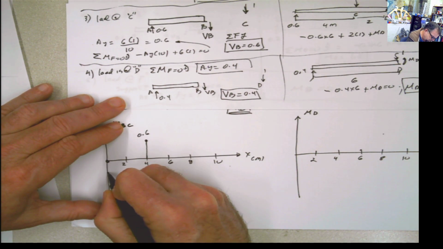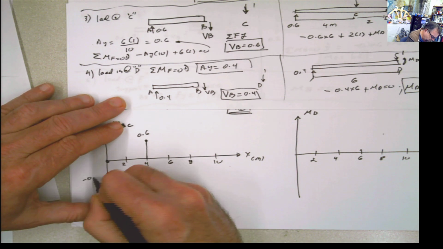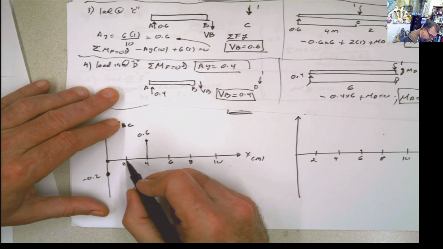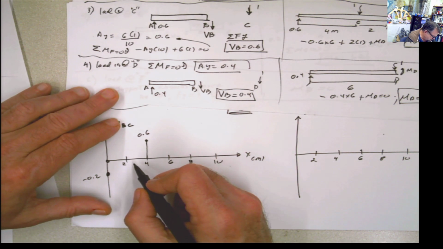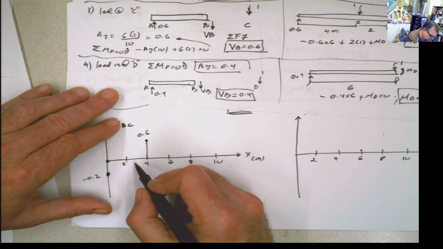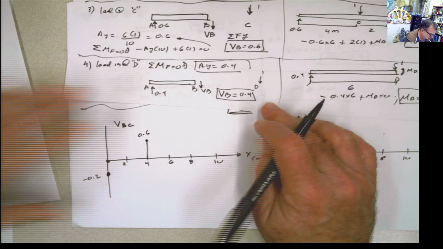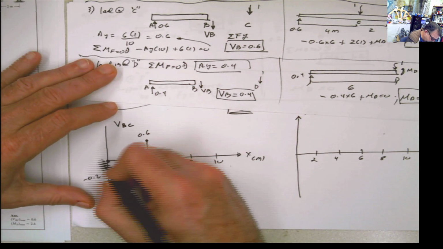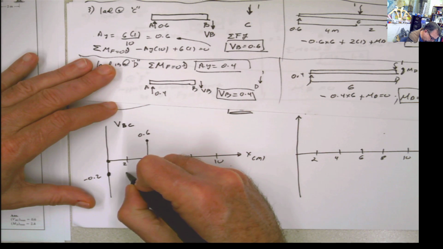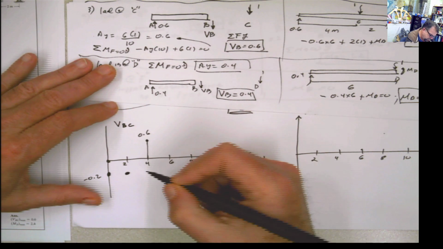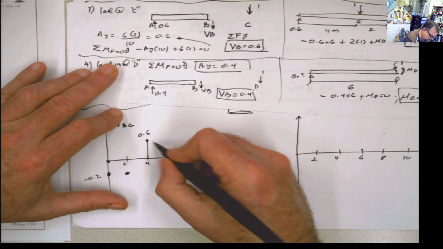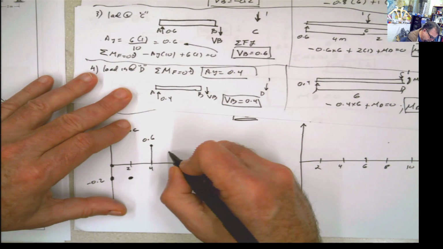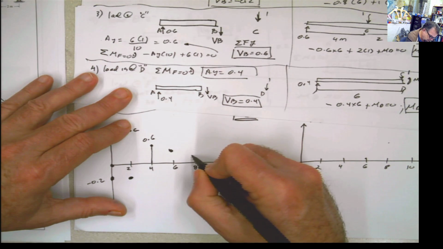This is 0, correct, and at 2 this is negative 0.2, which is correct, and at 4 is 0.6, and then I have 0.4 when it's at D, 0.4, and 0.